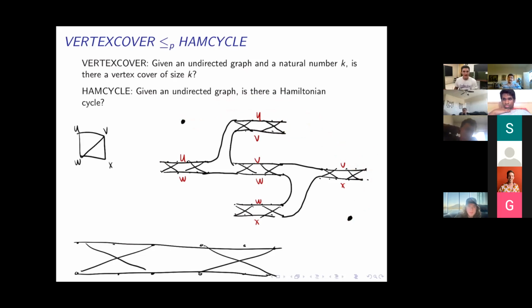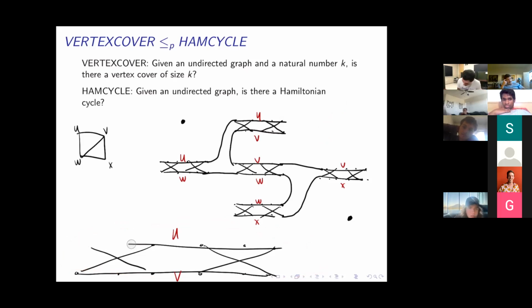And here's why. Let's look at any individual edge gadget, and maybe to be explicit, this is the UV edge gadget down here. If we have a Hamiltonian cycle in this graph, and we think about what happens to this particular edge gadget, you can convince yourself that there are only three possible ways the Hamiltonian cycle could traverse this gadget.